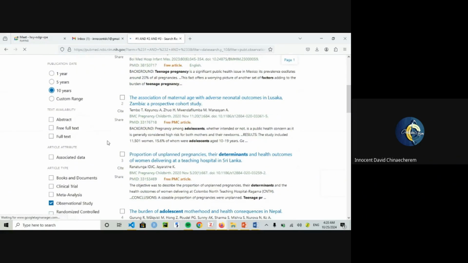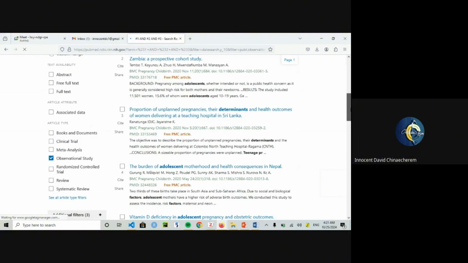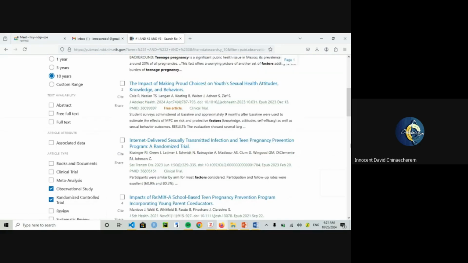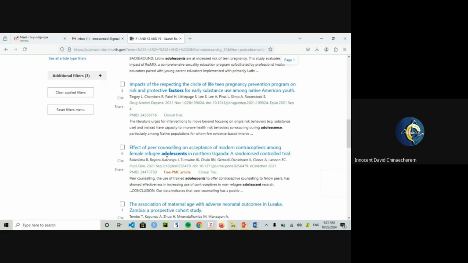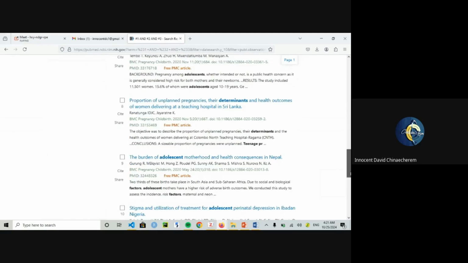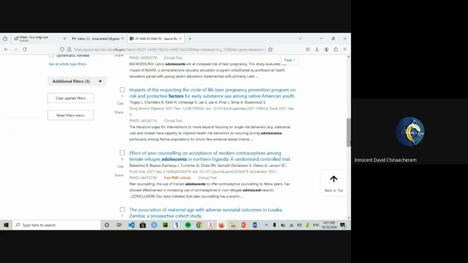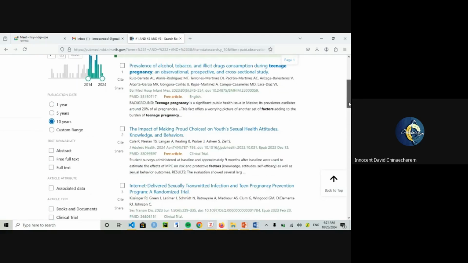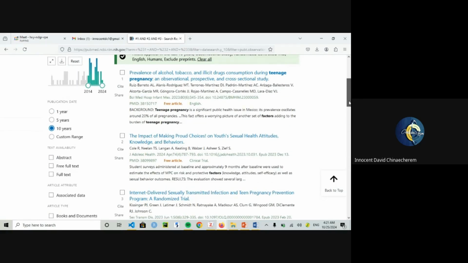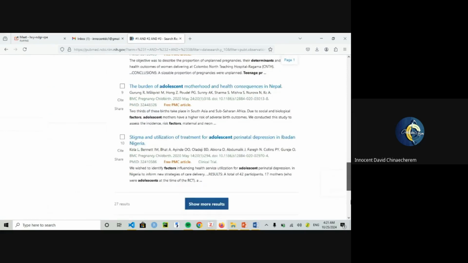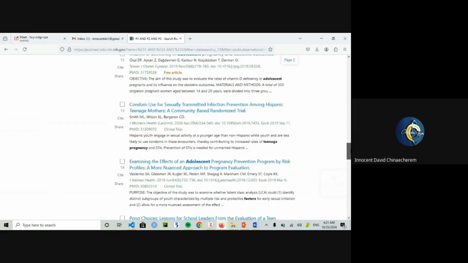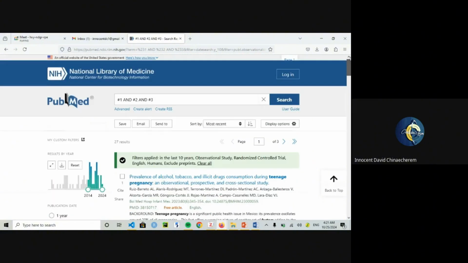Now the activities could still flow. So without wasting much time, okay, cool.